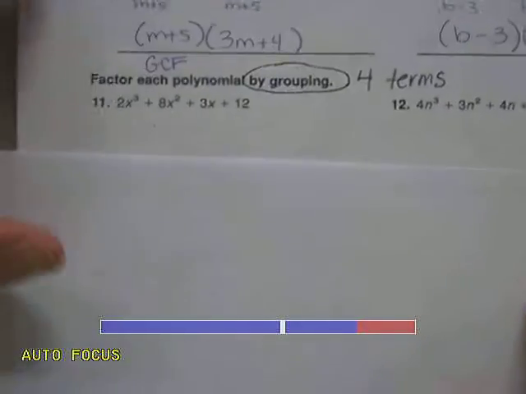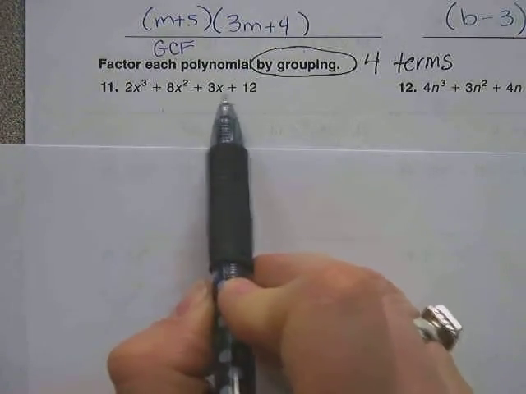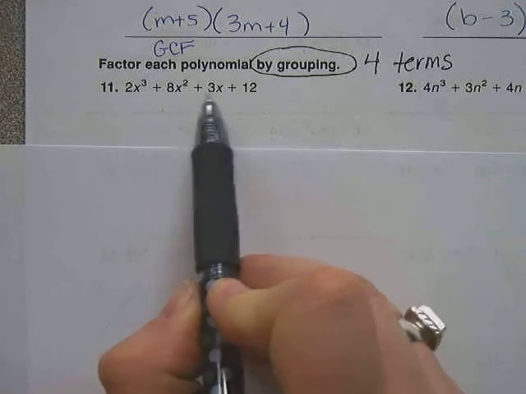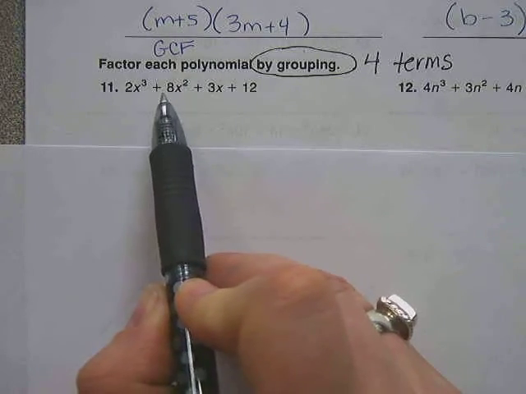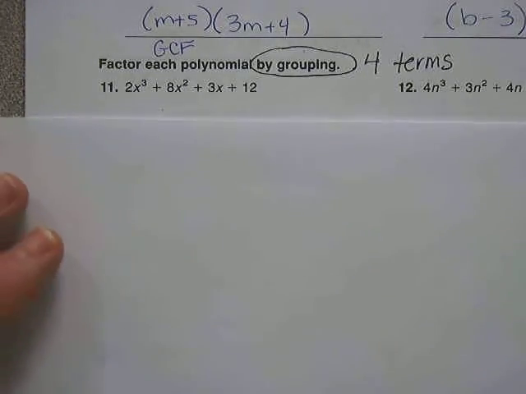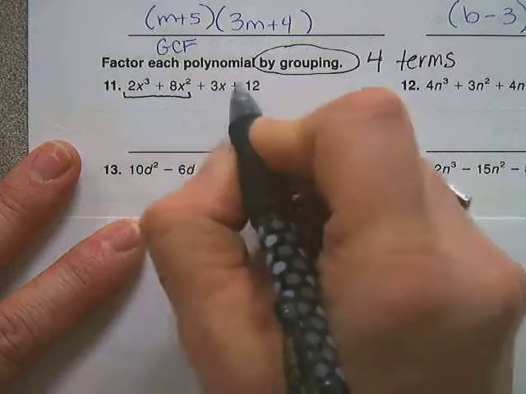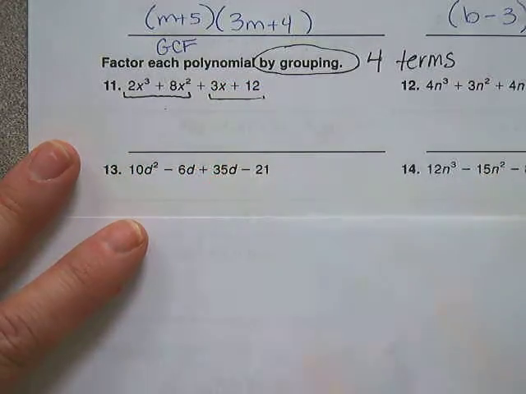When we have 4 terms, we first can go through and look to see if there's a greatest common factor with all of them. And as you can see, 3 and 8 don't have a GCF, so this is unfactorable if we only look for a GCF. So what we do instead is we break this apart mentally into 2 separate problems.